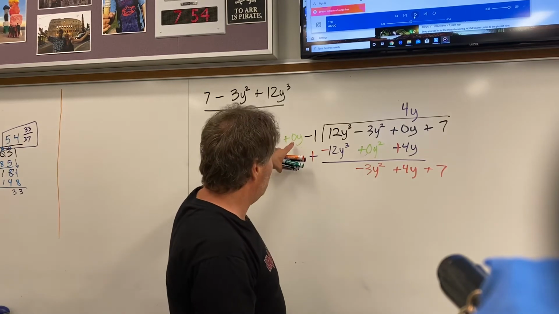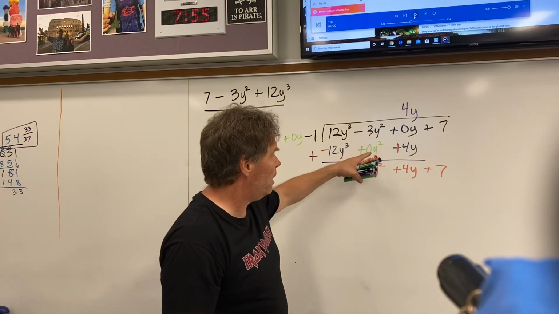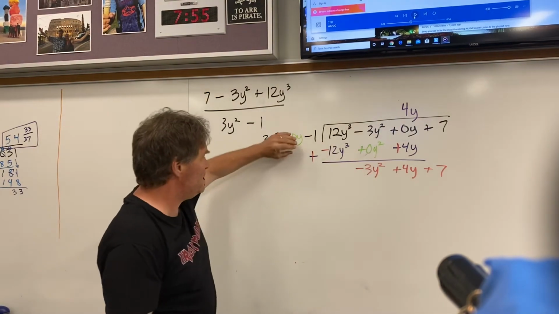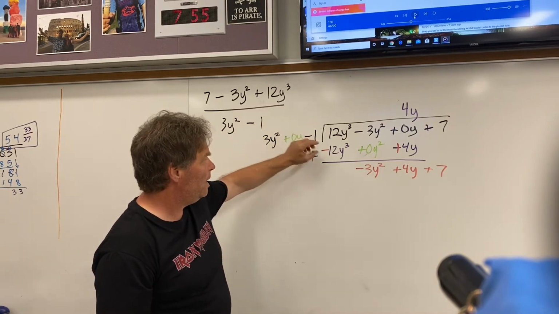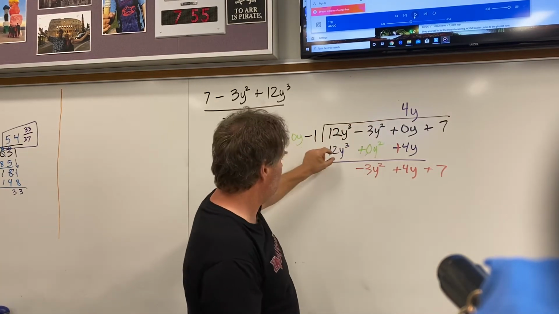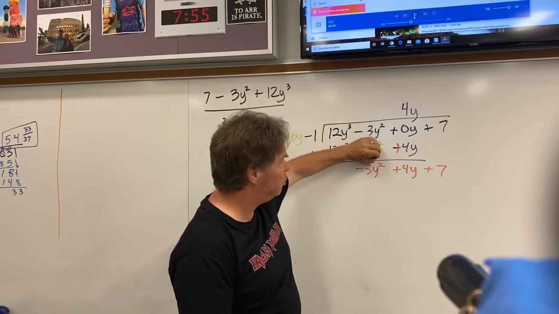Now, I want to point out something here first before we move on. Since the 0y was there, I did 4y times 0y was 0y squared. Notice, what if I didn't even put that? What if I just put 3y squared minus 1? Then I'd go 4y times this guy is this, 4y times negative 1 is this, and I would just leave this blank.